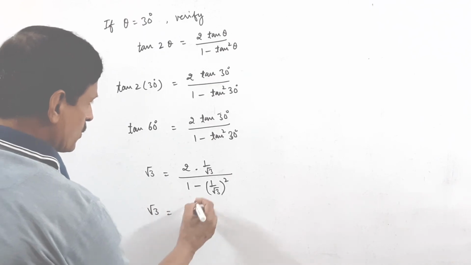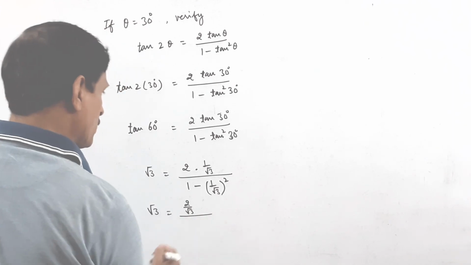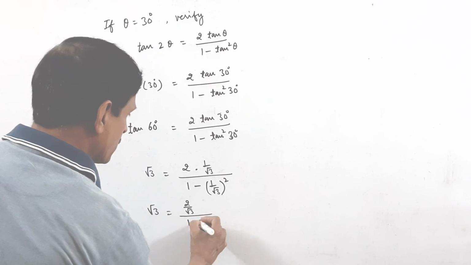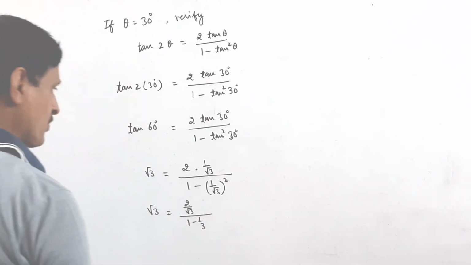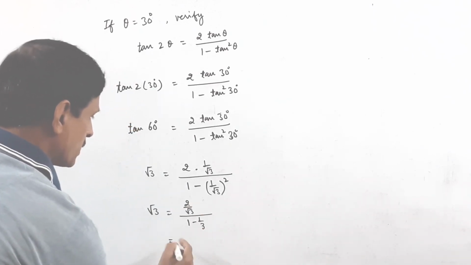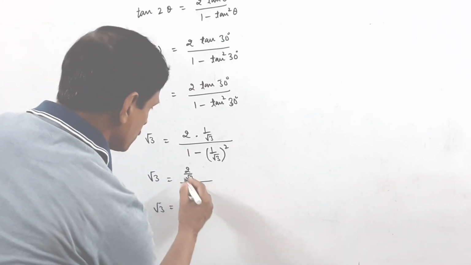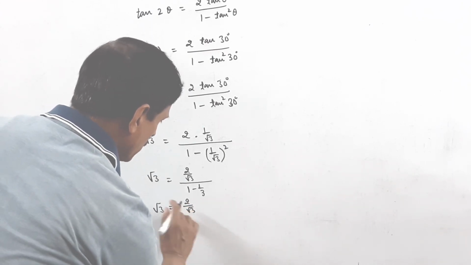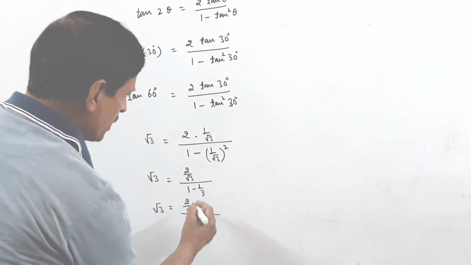Root 3 is equal to, this is 2 upon root 3 upon 1 minus 1 by 3, that is 2 upon root 3 upon, solving 1 minus 1 upon 3, we get 2 by 3.